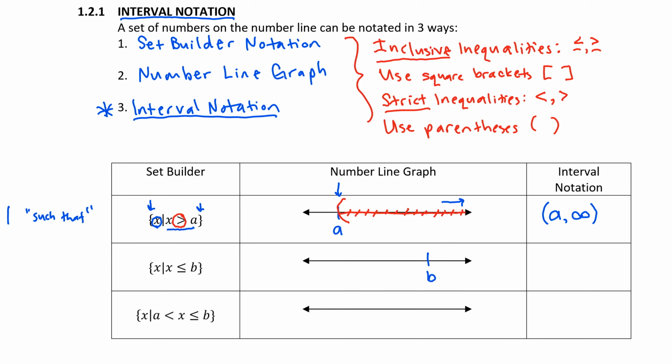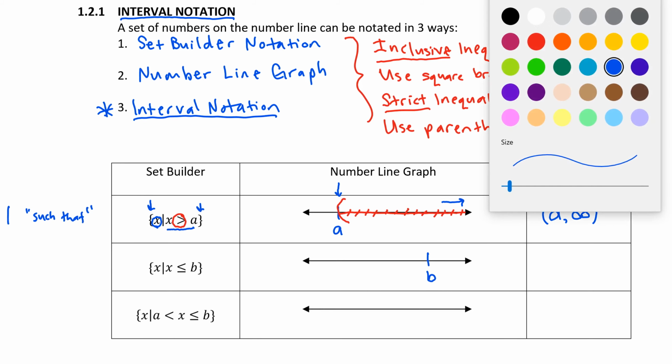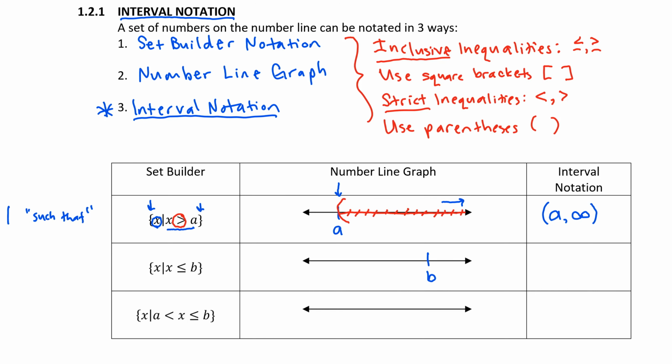We want to shade all the numbers on the number line that are less than or equal to b. Less than means we're on the left side of b. Now, since we're dealing with an inclusive inequality, or one that has the equal to as part of its sign, we're going to use a square bracket on our number line graph. So we'll draw a square bracket there at b.